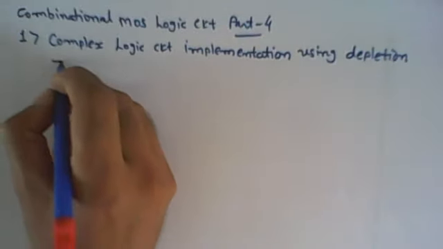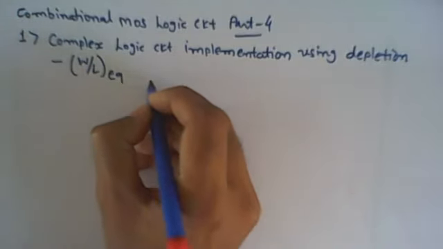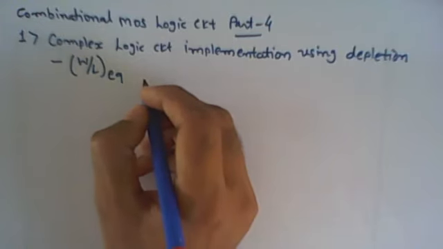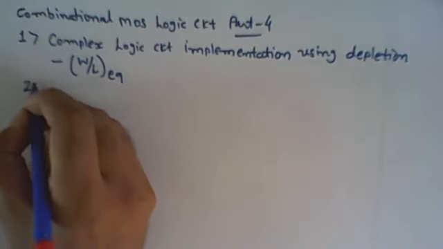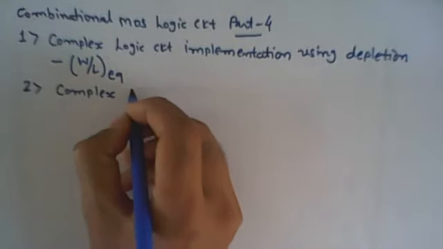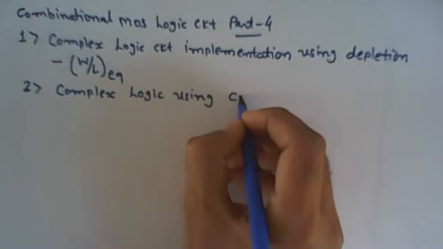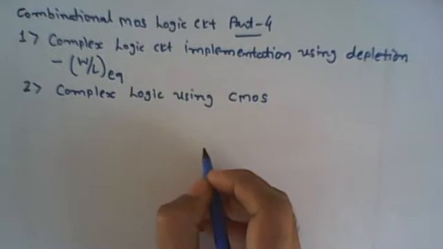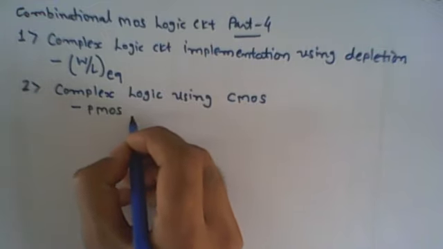Then we'll find its equivalent W upon L of its circuit, and then we'll implement a complex logic or any Boolean function using the CMOS inverter, and we'll find a PMOS network and NMOS network.